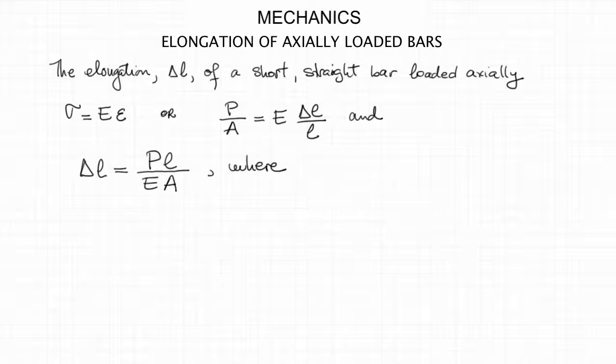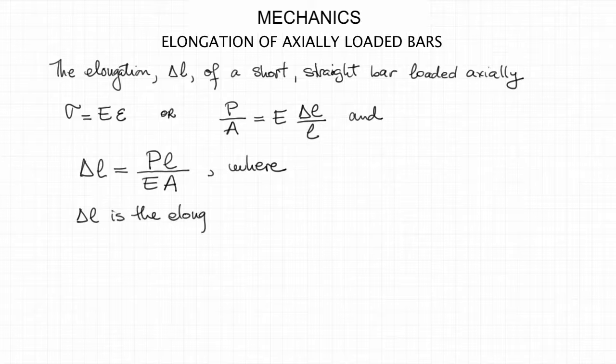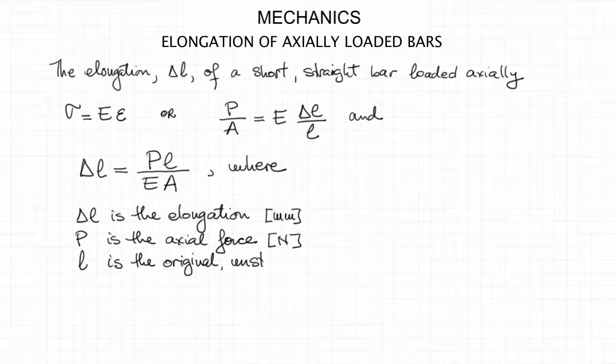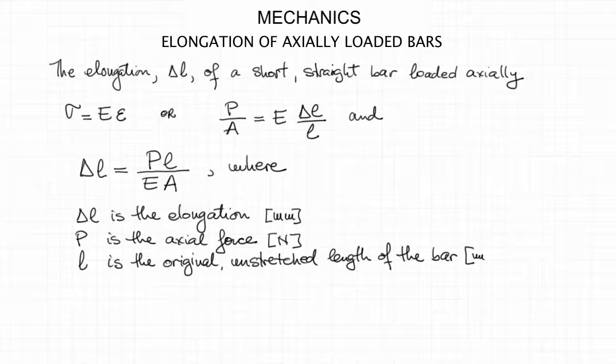Of course, in this formula, delta L is the elongation, and this is typically calculated and expressed in millimeters. P is the axial force acting on the member in newtons. L is the original unstretched length of the bar, also given in millimeters, not in meters, in millimeters.